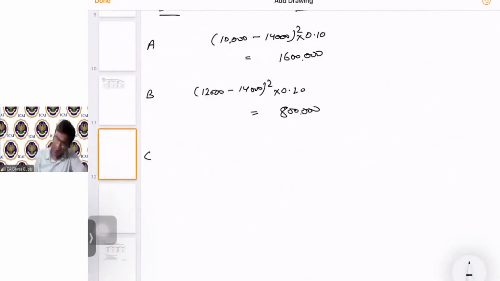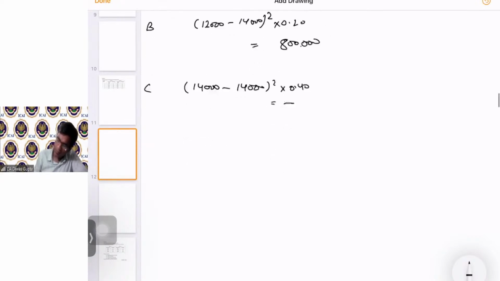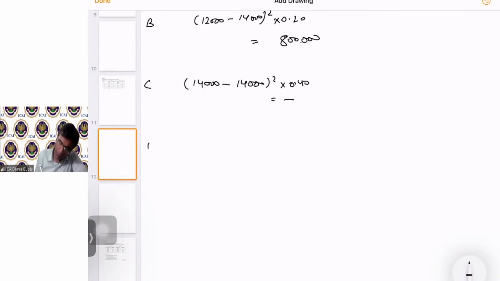For C, similarly, we have 14,000 minus 14,000 raised to the power 2 multiplied by probability of 0.40. This is dash because it is 0. And for D, similarly, it is 8 lakh rupees, and E is 16 lakh rupees with the same logic.